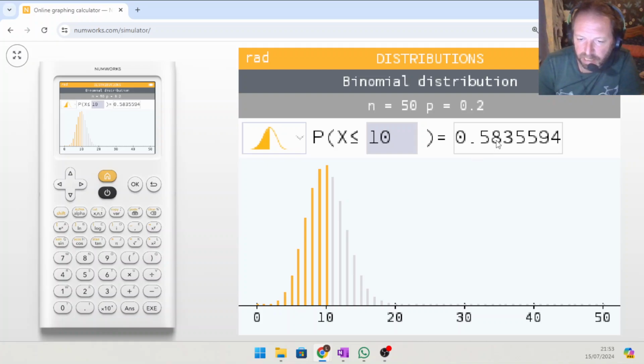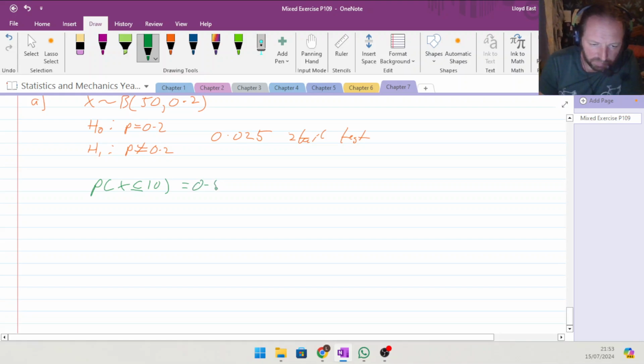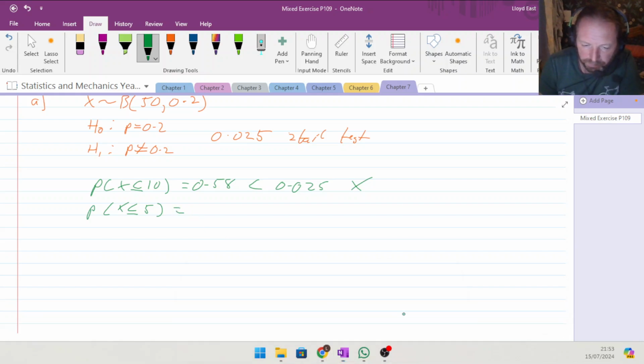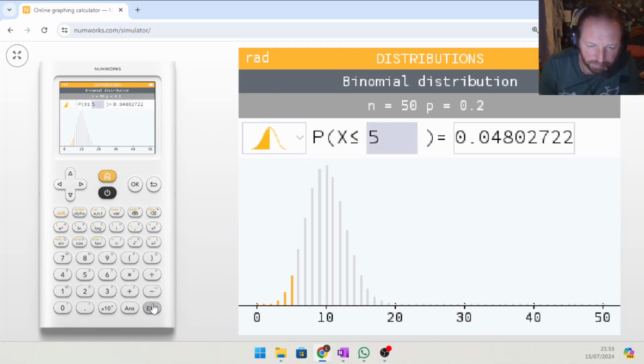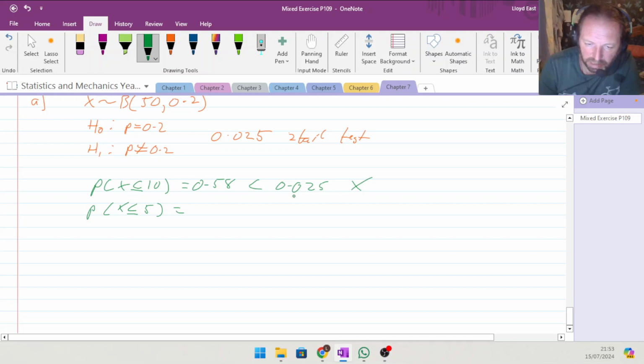Okay, and I can see straight away that it's a ridiculous one to try, 0.58. 0.58 is not smaller than 0.025. No good to us. Let's halve that. Probability of X being less than or equal to 5, put it in, so 5 this time, 0.480, close but not quite there, 0.48, which is still no good to us.